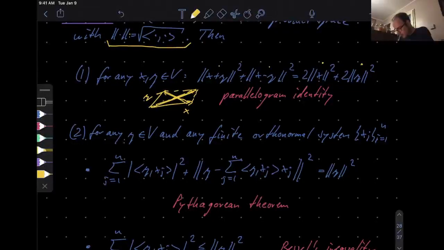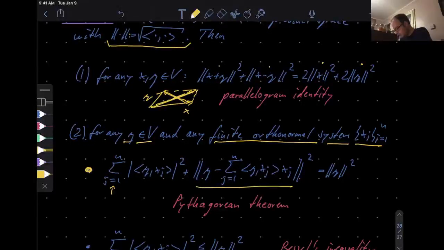Good. More interesting is the Pythagorean theorem. So if you have an arbitrary vector y and a finite orthonormal system xj, then you have this curious identity here: the sum over j from 1 to n of these inner products y, xj in modulus squared, and then you add this norm squared.